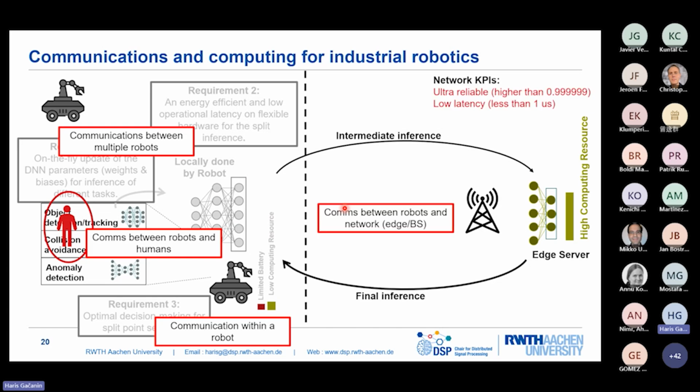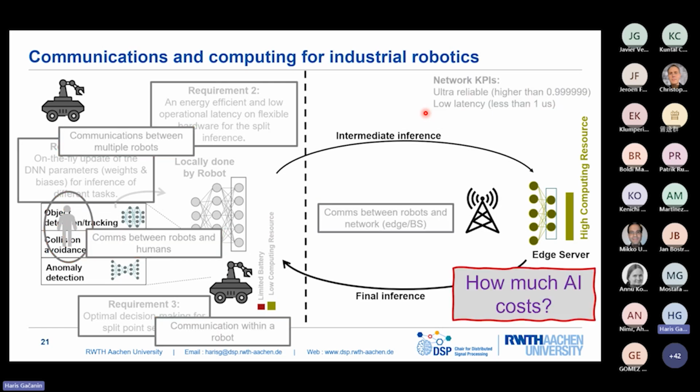And then finally we have the communication between the entire use case floor or shop floor and the edge cloud or the base station and the network itself further on. So these are the requirements that we are setting up for us: reliability, low latency, everything goes down. And this is where we have to figure out how this will work.